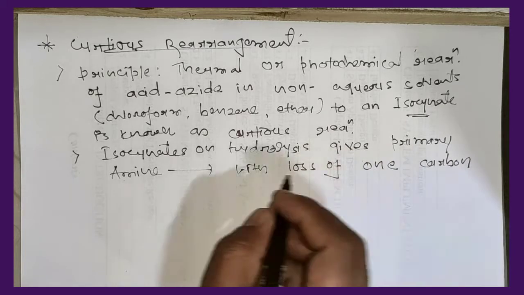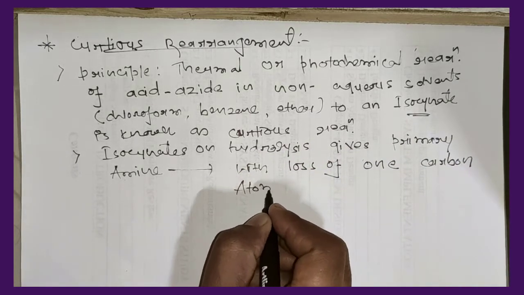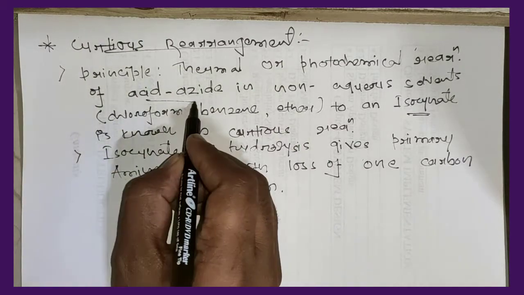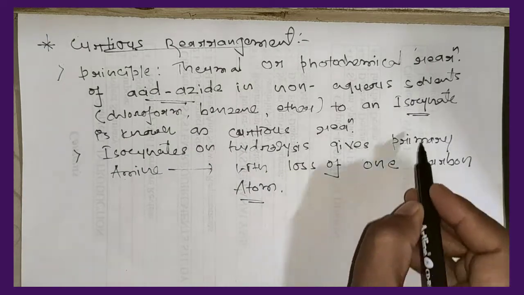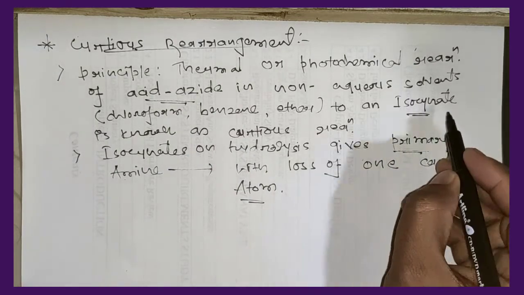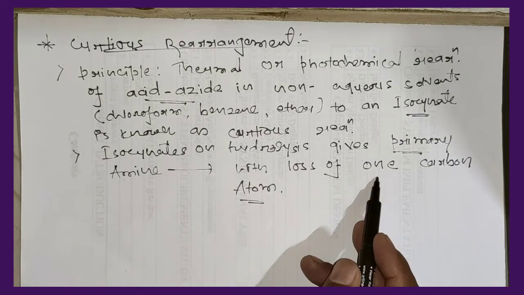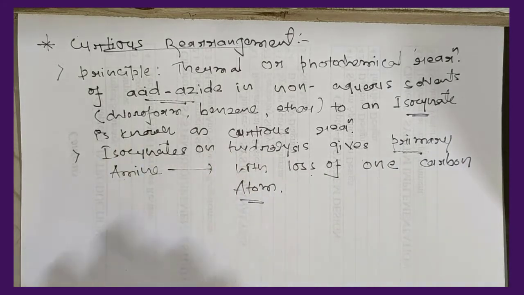So your reactant is azide, your final product is primary amine, the intermediate product is isocyanate, and here one carbon atom is less than your reactant.